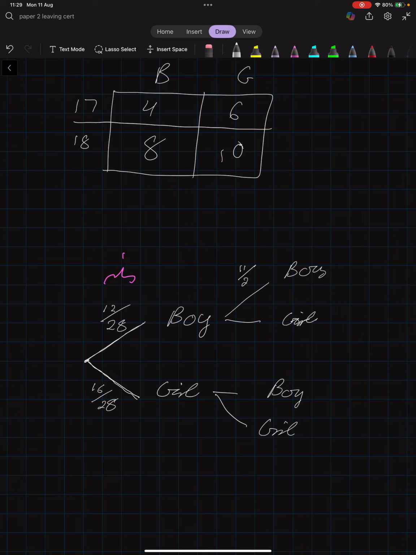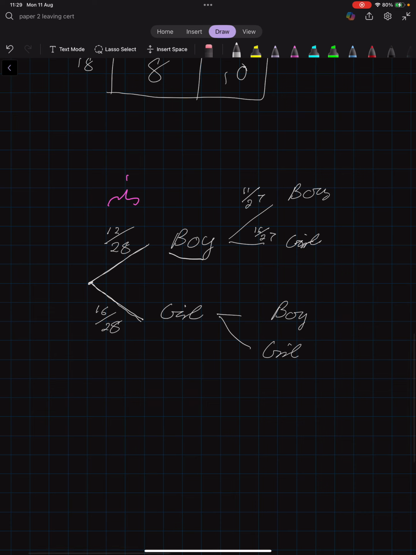It's 11 out of 27. Okay? This one is going to be 16 out of 27. Because I've chosen a boy first, 1 boy is gone. So instead of 12 boys, I only have 11 now, because I can't choose the same boy twice, obviously. And then down here, it's going to be 12 out of 27 and 15 out of 27.